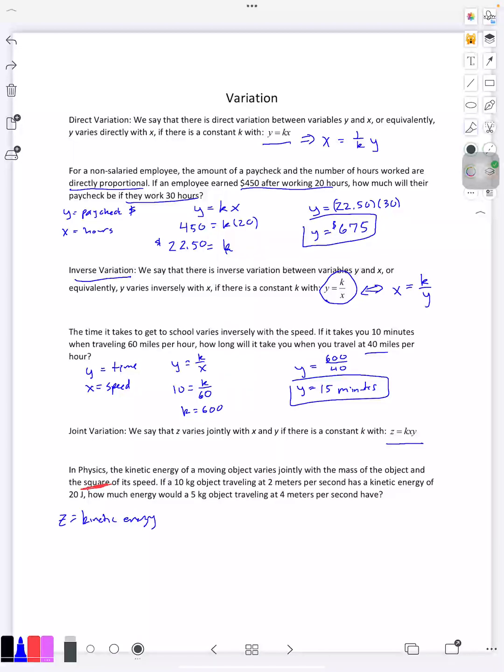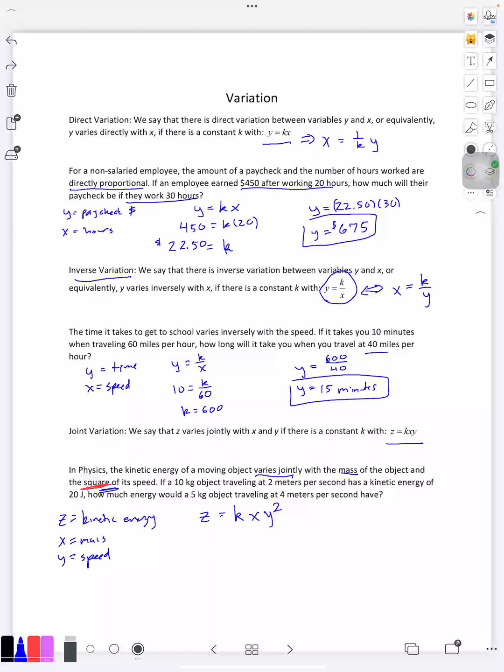The two input variables, x is going to be the mass, and y will be the speed. So it says z, kinetic energy, varies jointly, so it's k times the mass, x, and the square of the speed, so it's going to be kxy squared.